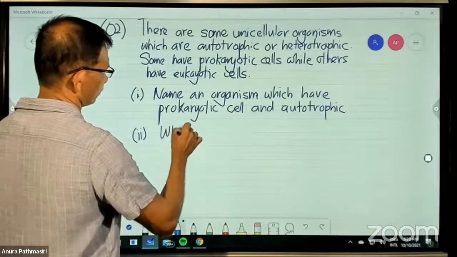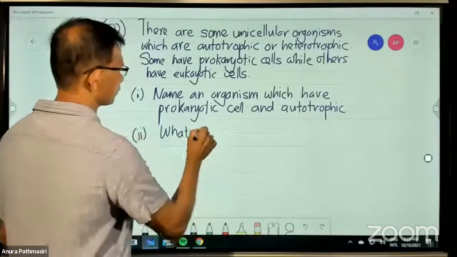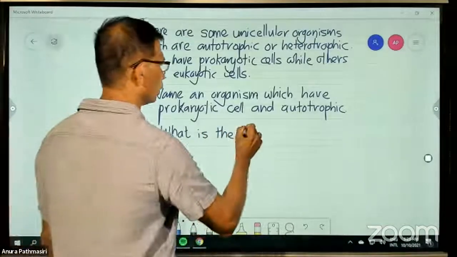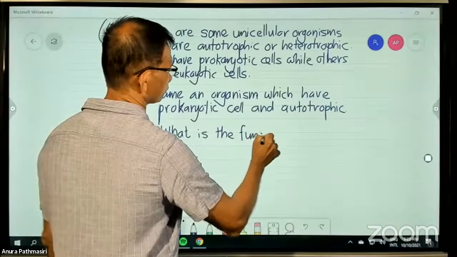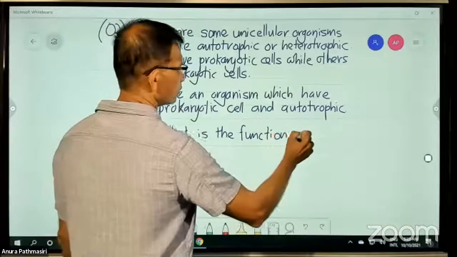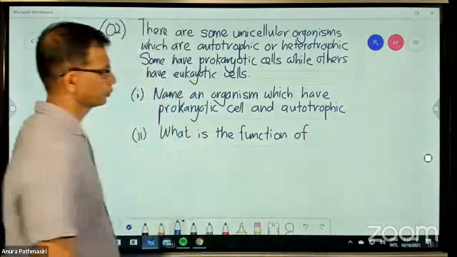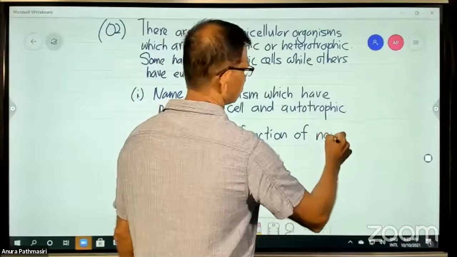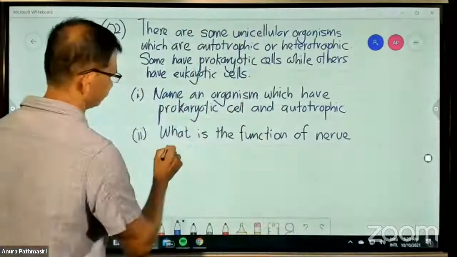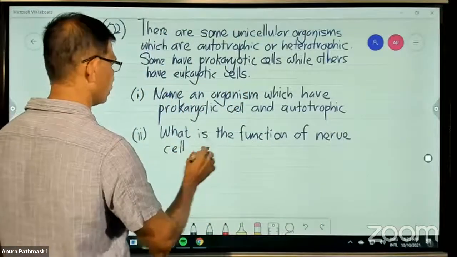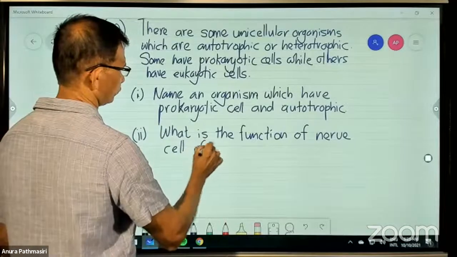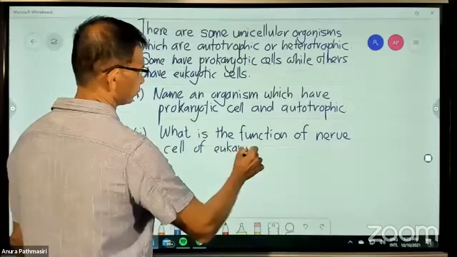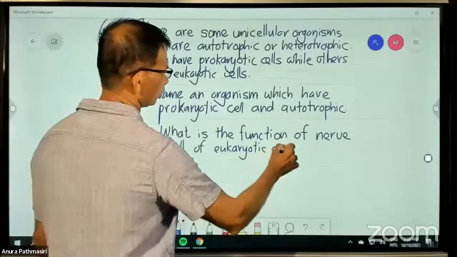What is the function of a nerve cell of a eukaryotic organism?